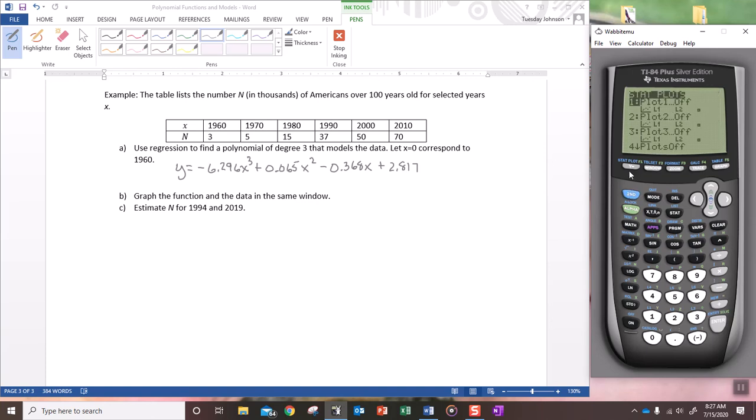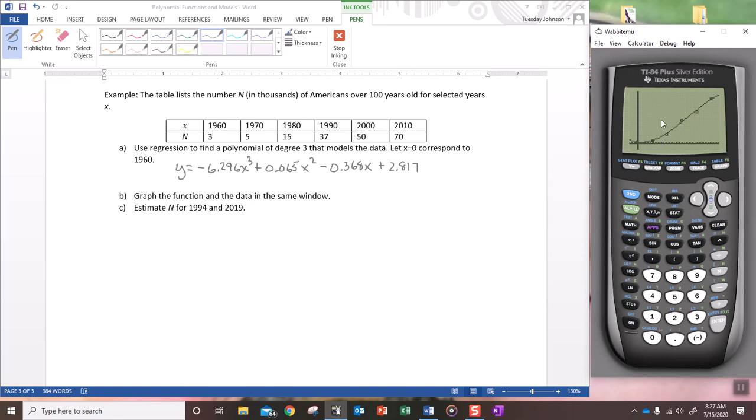I need to turn my stat plots on, so it'll plot those. Now when I go to zoom stat, it'll plot my dots and the part of the curve that actually matters. Notice that's pretty close. That's a pretty good regression equation in the same window.